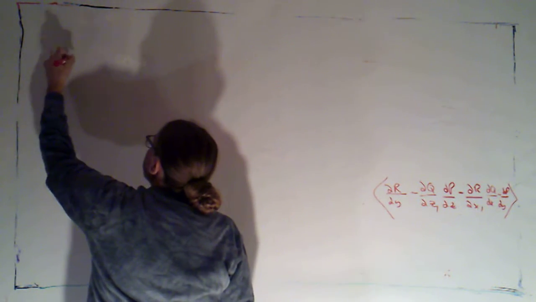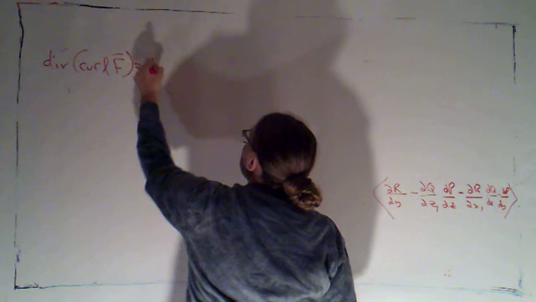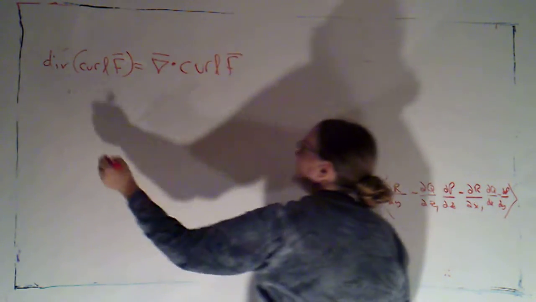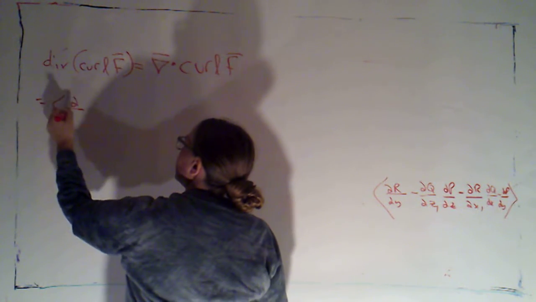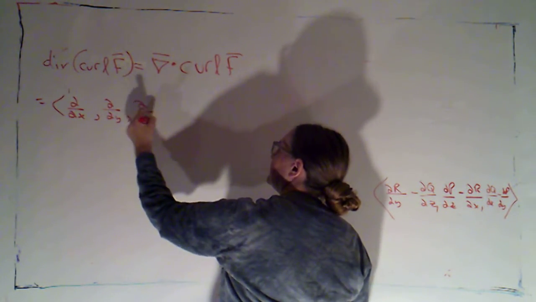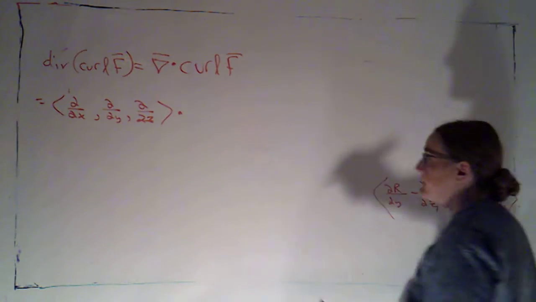So the divergence of the curl of f is going to be del dotted with the curl of f. And that's just the del operator dotted with this thing.